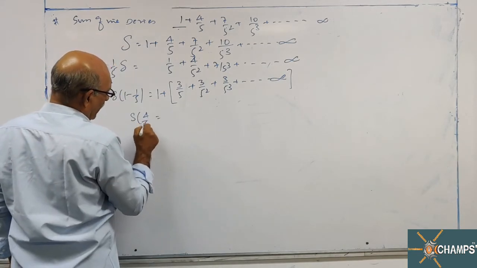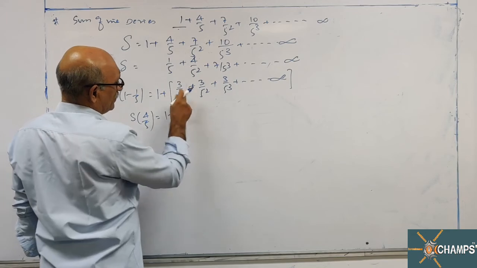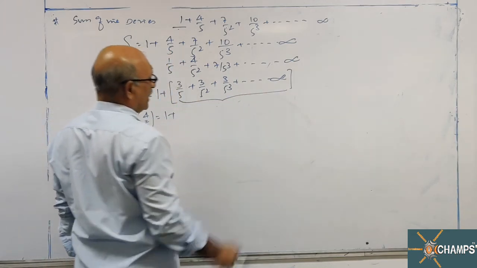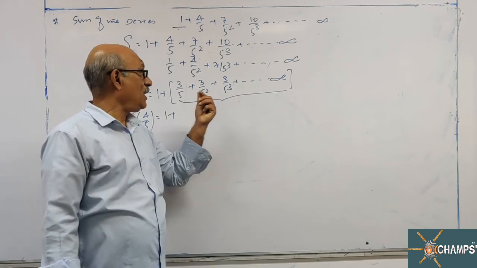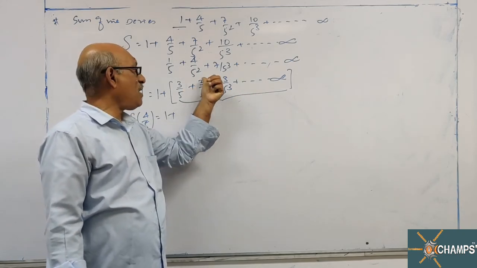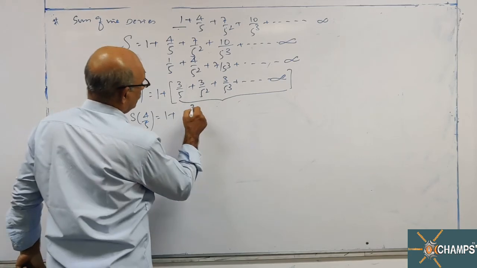S into 4 by 5 equals 1 plus, it is an infinite geometric series with the first term 3 by 5, common ratio 1 by 5.